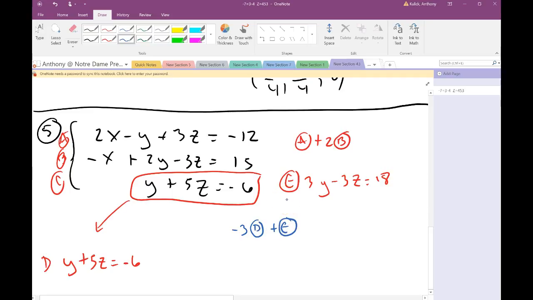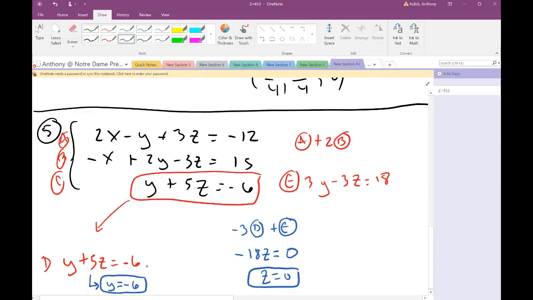When I do that, the y's cancel, and I have negative 18z equals 3 times negative 6 is negative 18, plus 18 is 0. So I get my z equals 0. When I do that, I can plug it back in here, and it's easy to see that y equals negative 6.